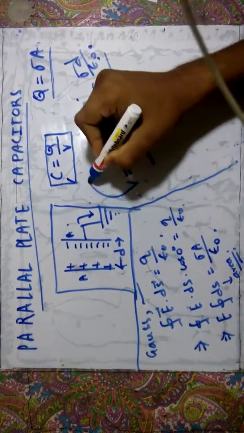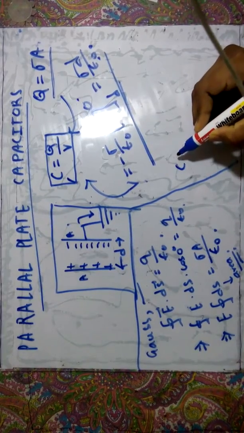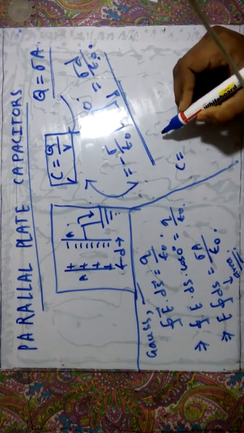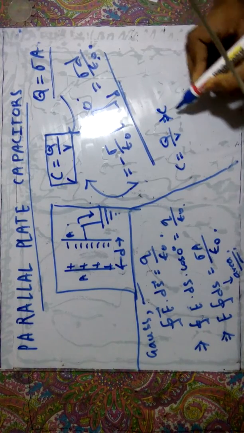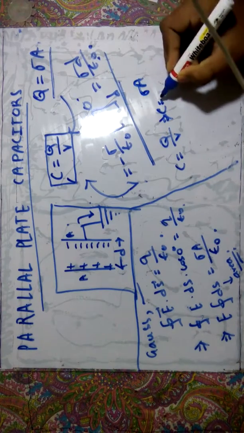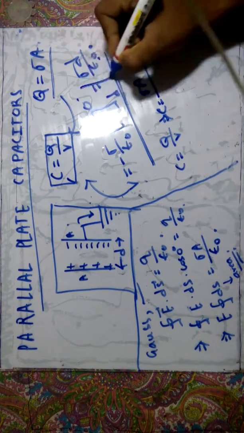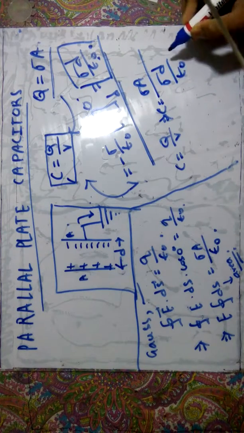Let's apply these two into the equation C equal to Q by V. Q means sigma A, and V means sigma D by epsilon 0.